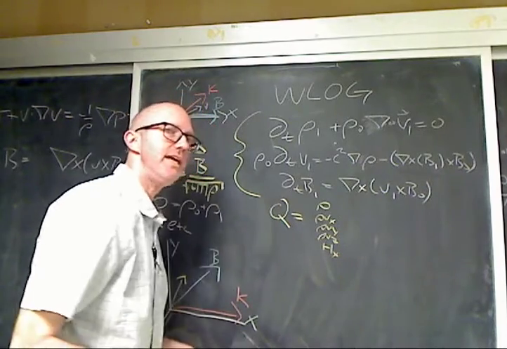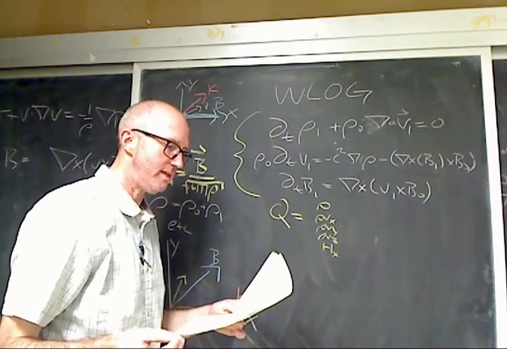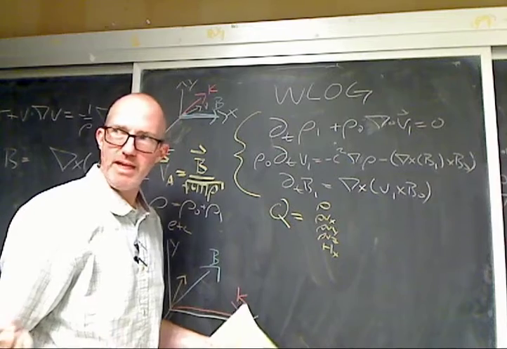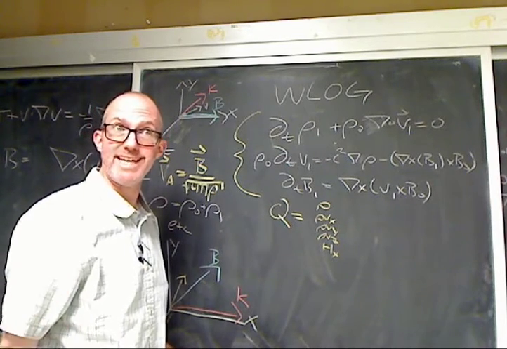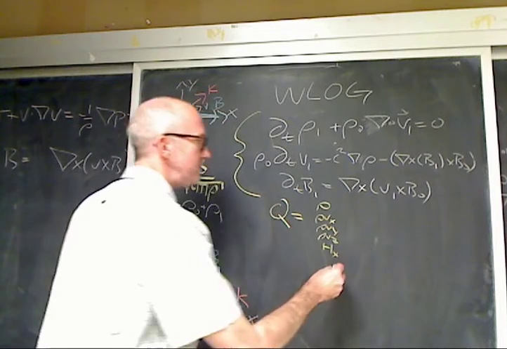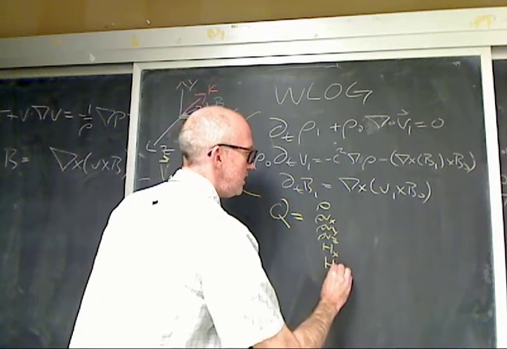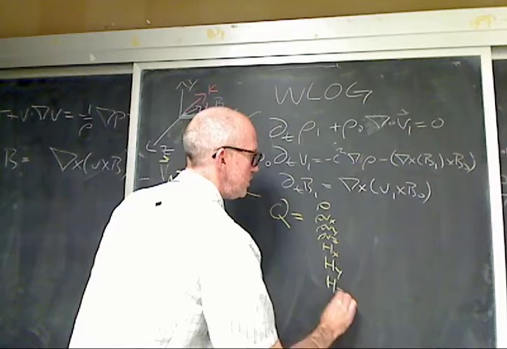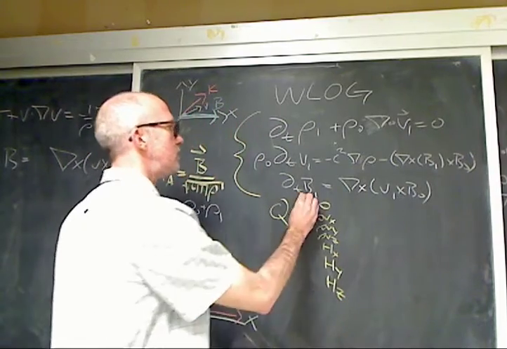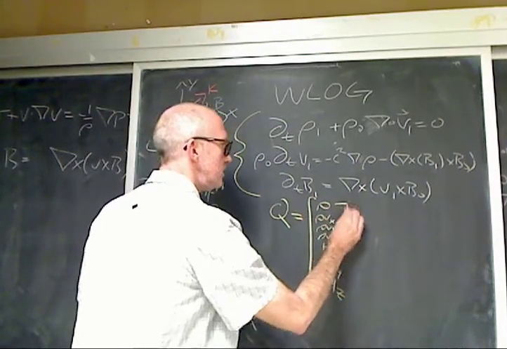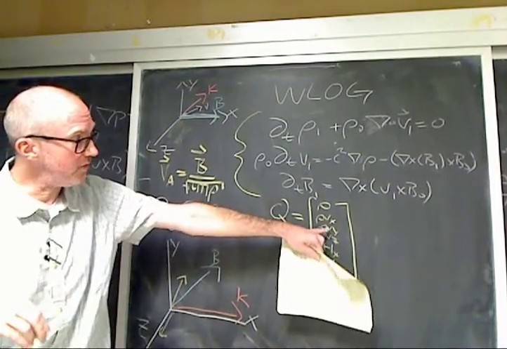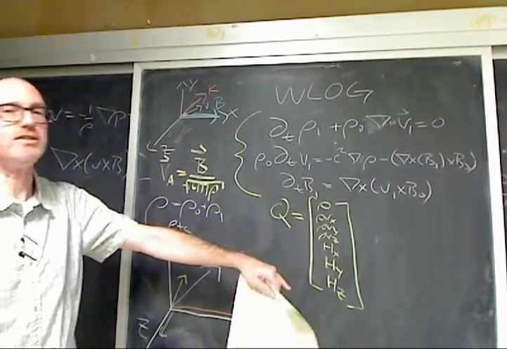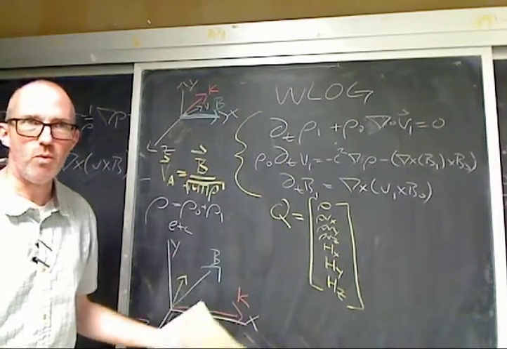I'm changing it to h from b just because that's the way I did it in my notes. H and b are related. Most of the time I'm in a vacuum, so they're the same. Hx, hy, hz. So this is q. This is my vector of unknowns. This is a vector too, so I've got a vector that contains two vectors. That doesn't really matter. I just made one new vector.